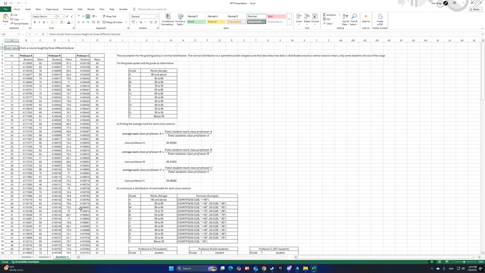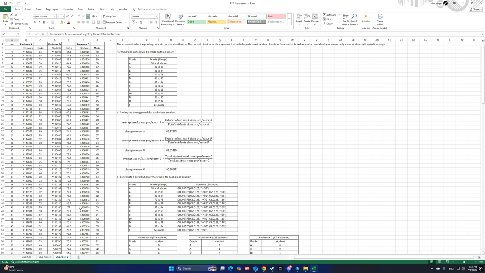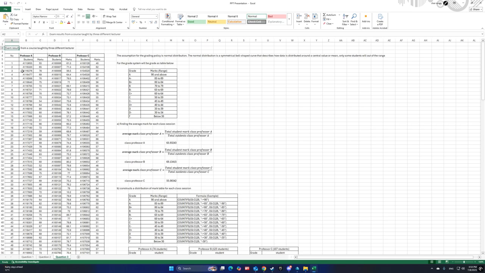Next, question 3. Question 3 is the examination result course taught by this lecturer. We will get the data from three different processors, processor A, processor B, and processor C. At first we need to plan how the distribution for this analysis is.